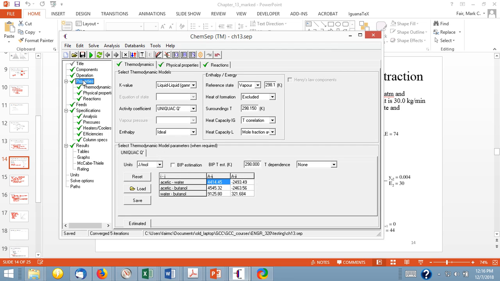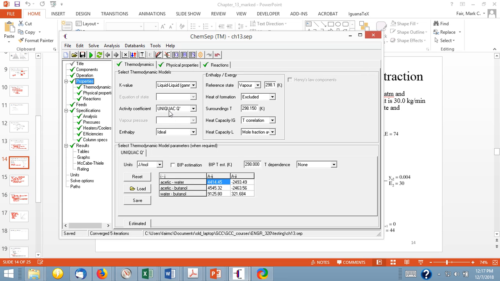This is where the tricky part comes in. Thermodynamic properties are the challenge with some of these problems, and in some cases it's more difficult than others. There's a lot of possible thermodynamic systems that we have available to us, but not all of them will be able to handle the specific components that we have for this extraction problem. So I'm going to choose a thermodynamic model that has K value with gamma.